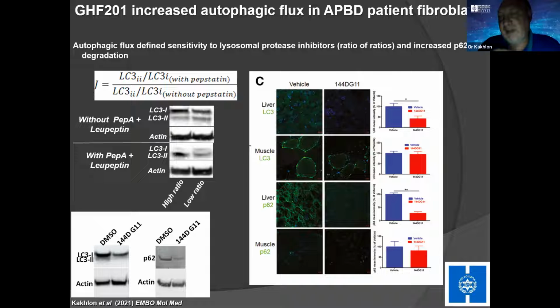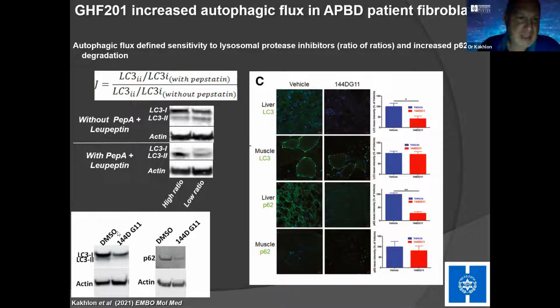On the other hand, if the flux is higher, then it will be sensitive to lysosomal inhibitors, because when you add them, it should have an effect, because without them, the autophagosomes fuse well with the lysosome. So the sensitivity to lysosomal inhibitors determines the autophagic flux, which is the relevant parameter.